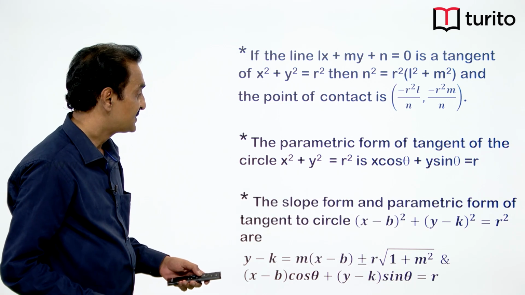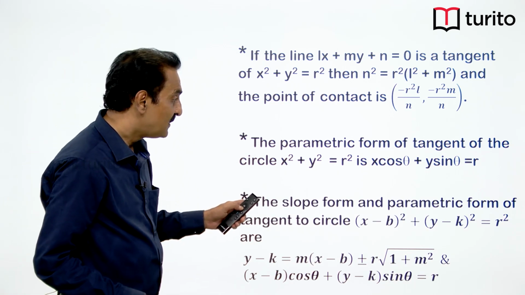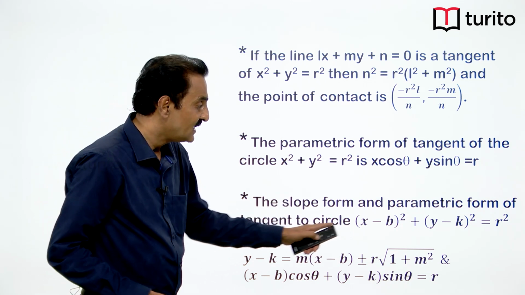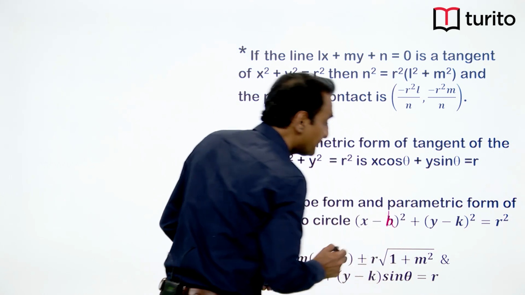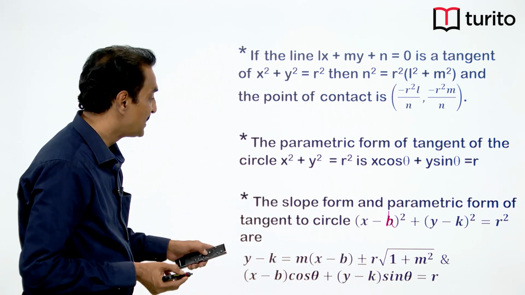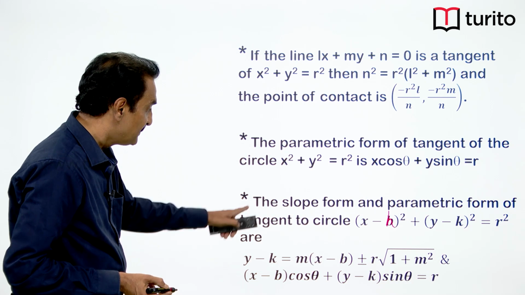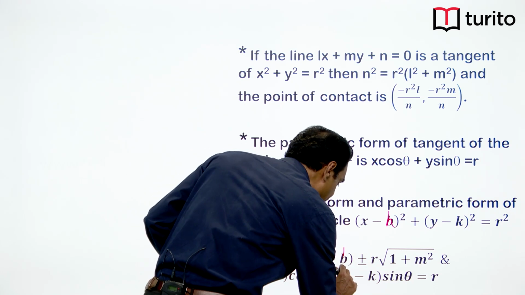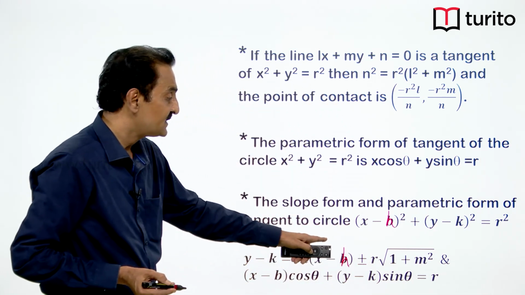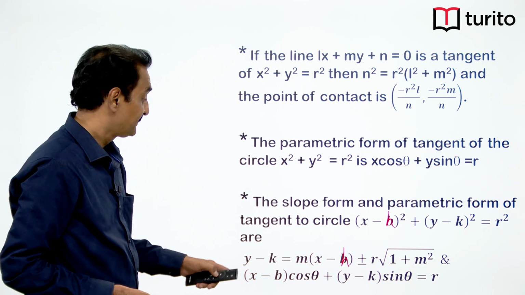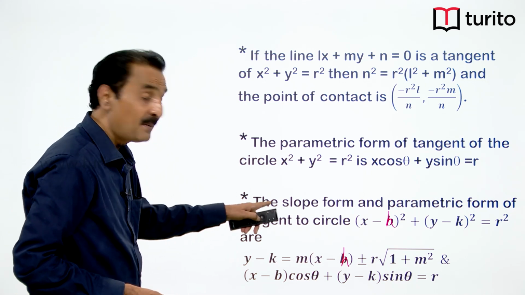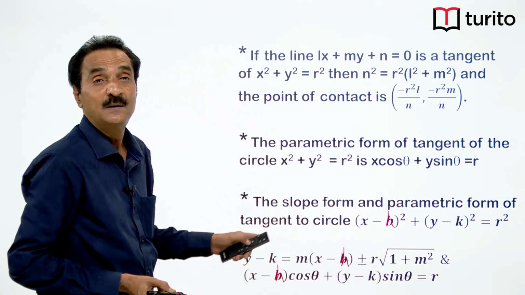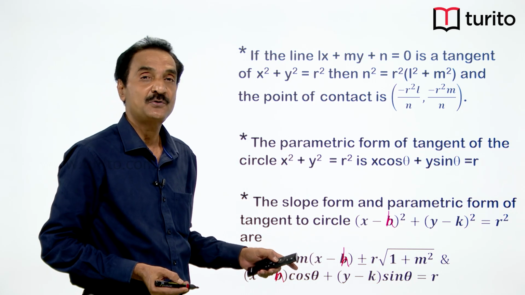Next, the slope form and parametric form of the tangent to the circle (x minus h) whole square plus (y minus k) whole square is equal to r square: the slope form of the tangent is y minus k is equal to m into (x minus h) plus or minus r root (1 plus m square), and the parametric form of the tangent is (x minus h) into cos theta plus (y minus k) into sin theta is equal to r.